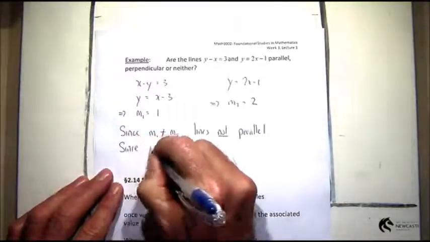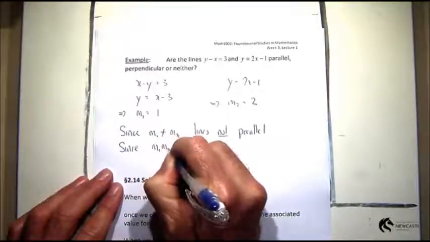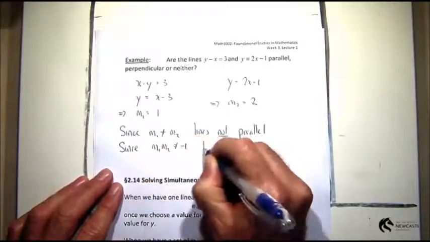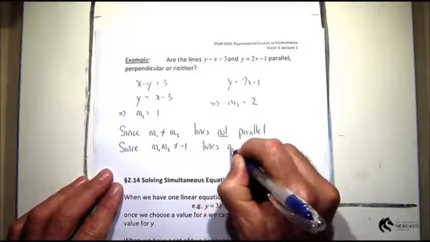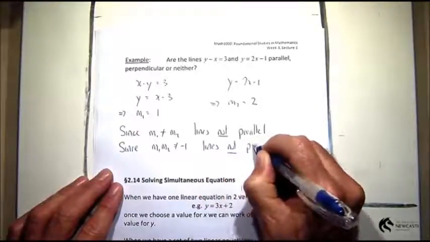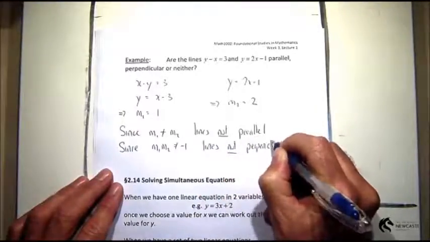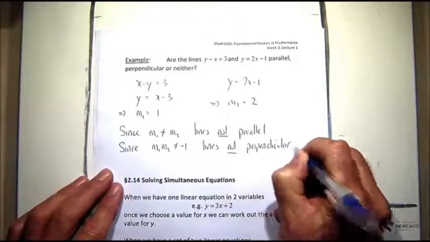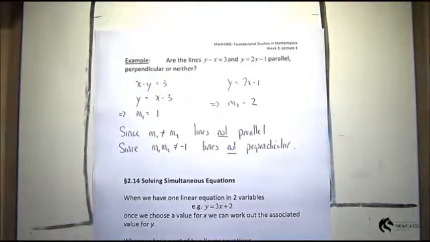And I would say since m1 times m2 is not equal to minus 1, the lines are not perpendicular. And that's our conclusion from there. So without actually drawing anything, we can determine a fair bit about each of these lines.